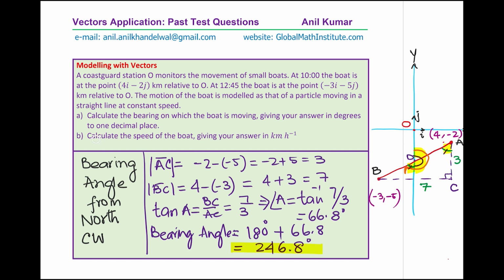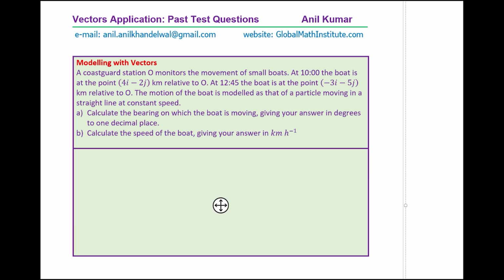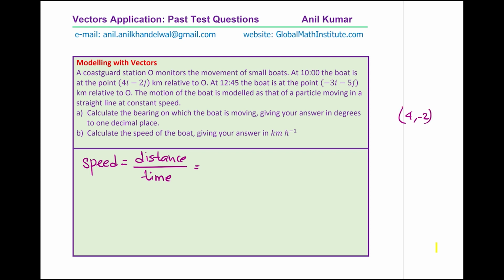Now let's look into the second part, which is how do we calculate the speed. Speed is distance over time, correct? Now we know that we are moving from the point, let me write down the points here, 4, minus 2 to minus 3, minus 5, correct?